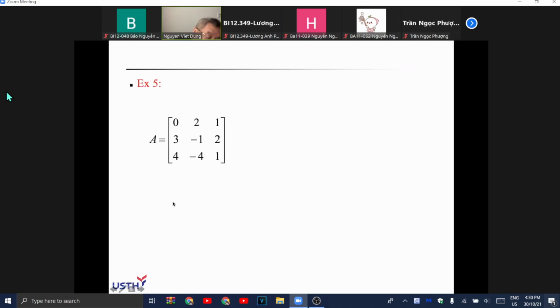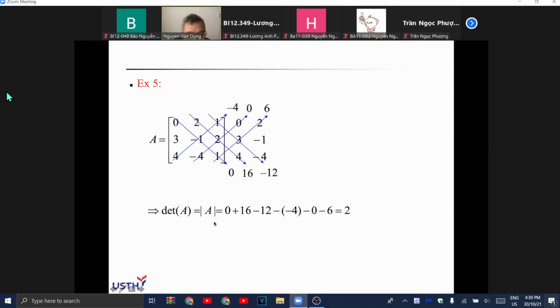Example is here. A is that, and we write again the first column, second column. Now we apply that. -4, 0, 6, and the other way, 0, 16, and -12. Then the determinant will be, we add them together, and then we subtract, and the result is 2.